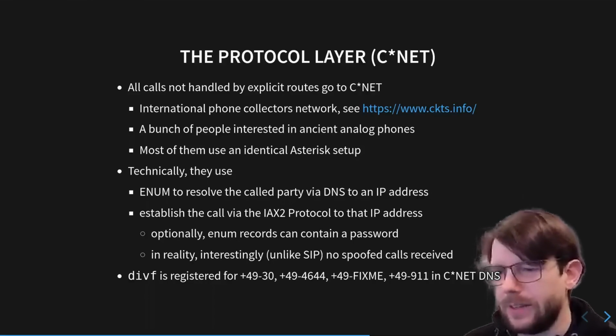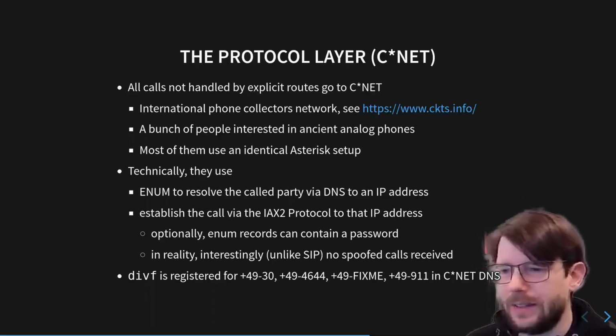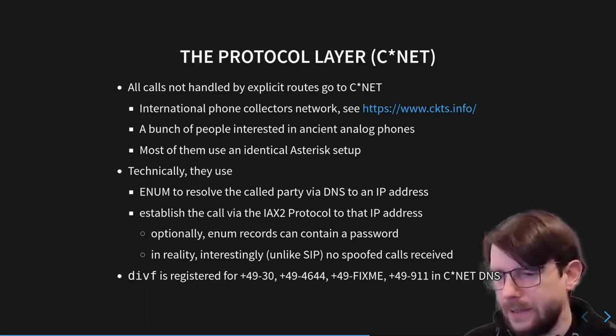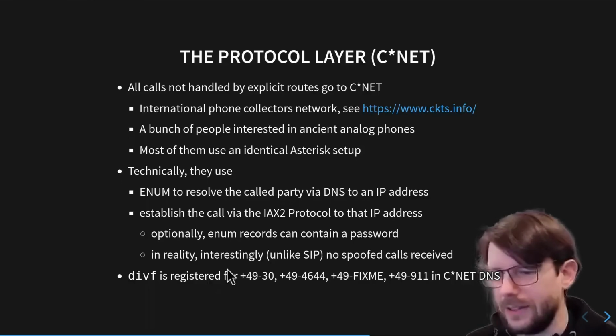Everyone who operates a switch in this CNET network, like us, registers there, and then your server IP address gets entered in a DNS zone file. And this means anyone calling a 4930, so the Berlin prefix, or the Dörphof, sorry, I forgot to replace the fix me.